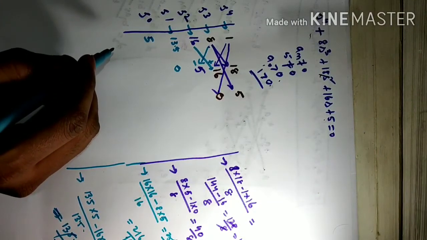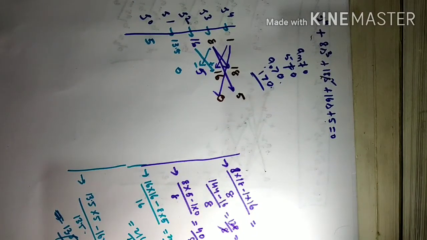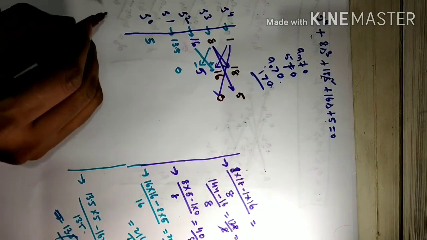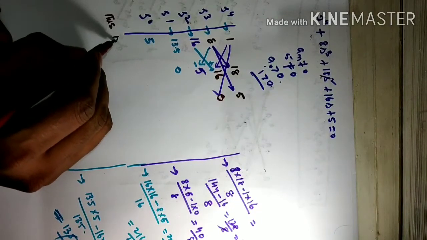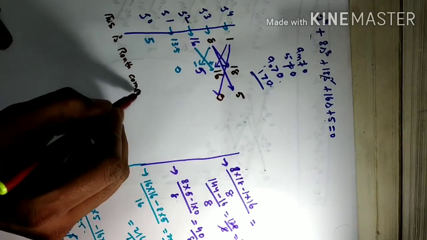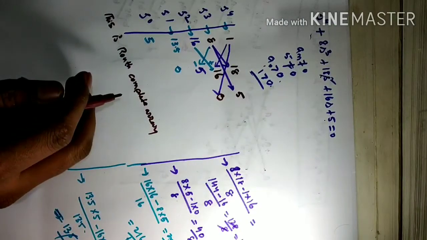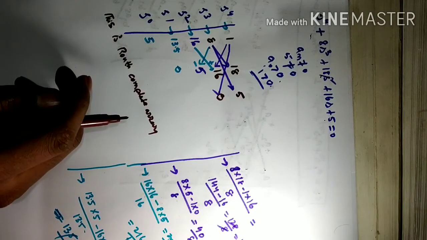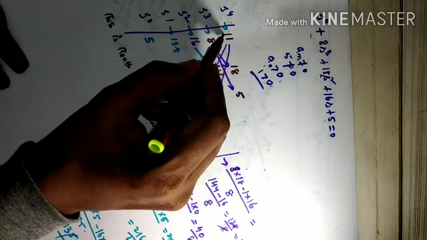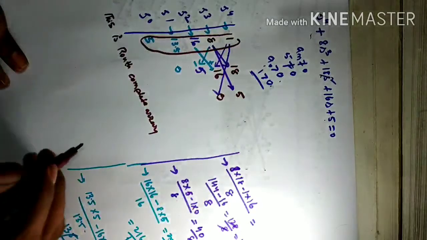This is the Routh complete array. So the answer of the stability will be given by examining the coefficients of the first column of the Routh array. You just see the coefficients of the first column of the Routh array here.